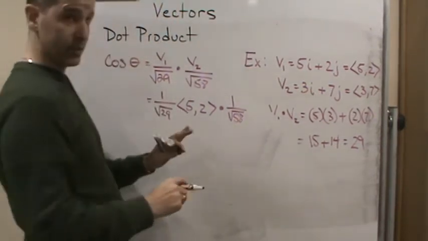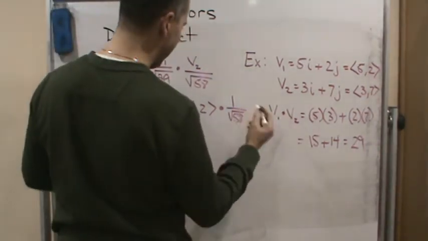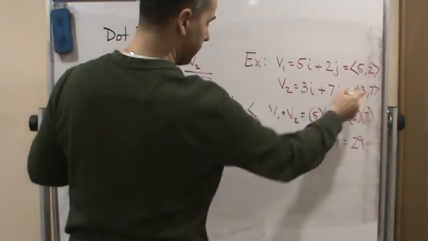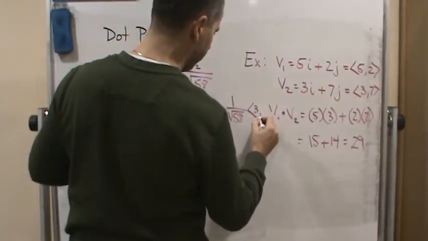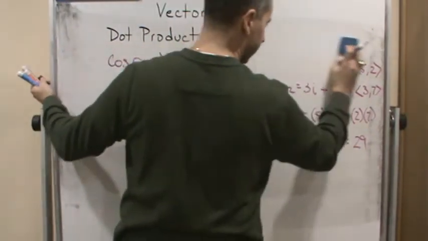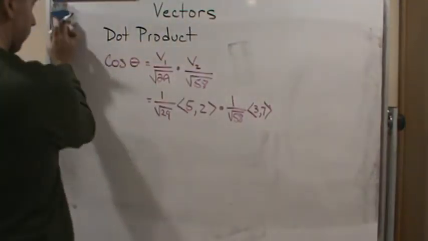The only reason I'm doing this is so you can see how this process works. You don't have to necessarily do it this way. Now I'm going to erase the rest of this. We've got everything else on the board.